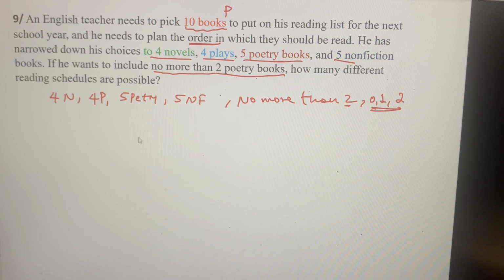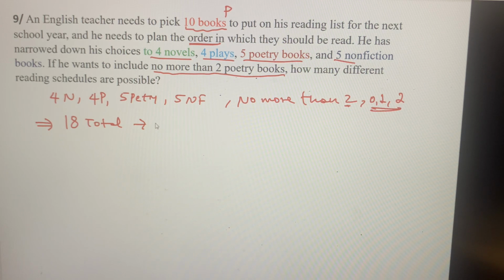Now let me write the possibilities one by one. How many total books do I have together? 4, 4, and then 5, 5, 10. I have 18 total, but I have to treat specially the poetry books, since no more than 2 can be used.